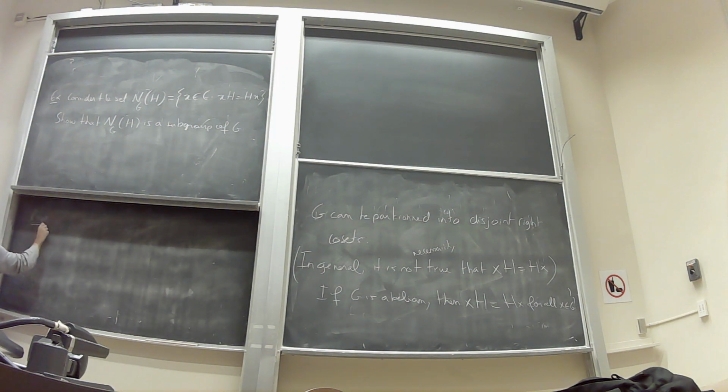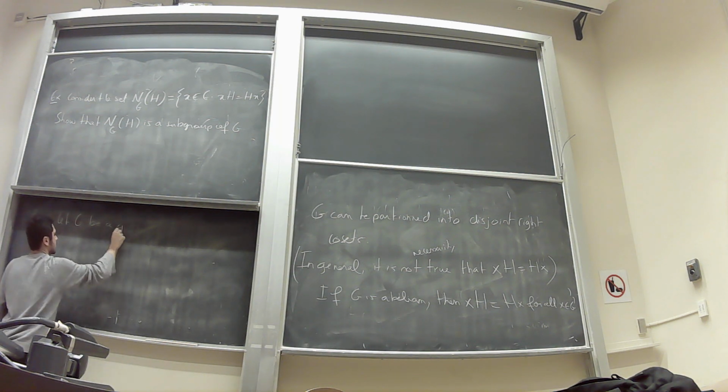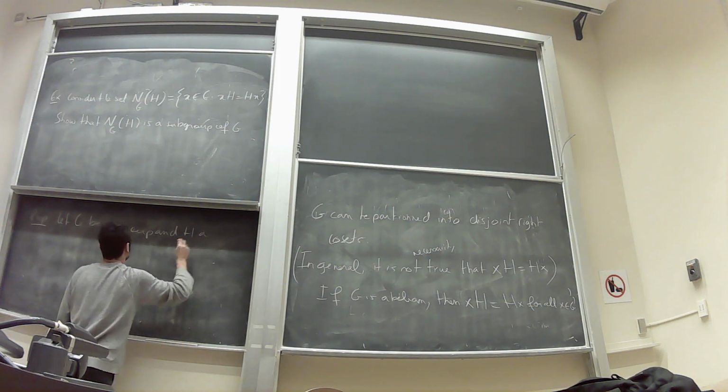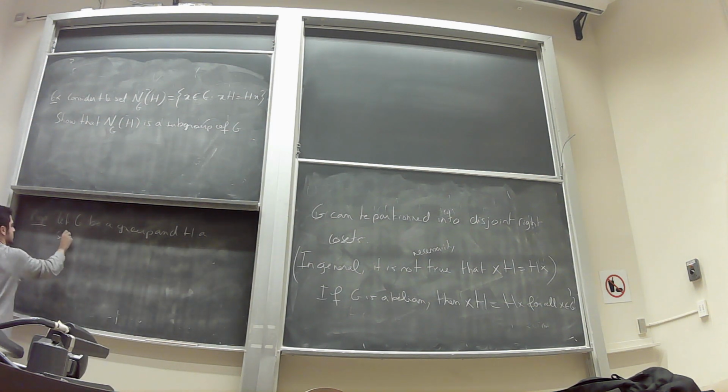Proposition. Let G be a group and H a subgroup of G. Define the following two relations.